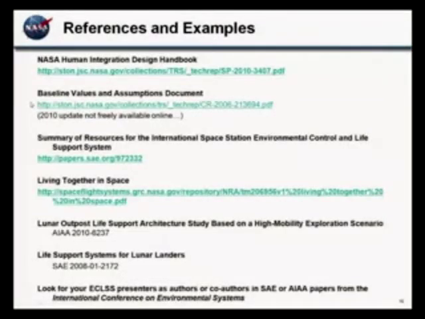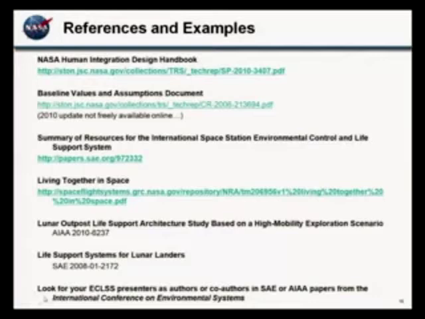So it has more information on recycling and stuff like that. This 1997 paper is a good description of what people thought the closed-loop ISS recycling ECLSS would be like, and so you can go through some of that rationale. Living Together in Space is another great publicly available document that goes through the ISS architecture and the life support.